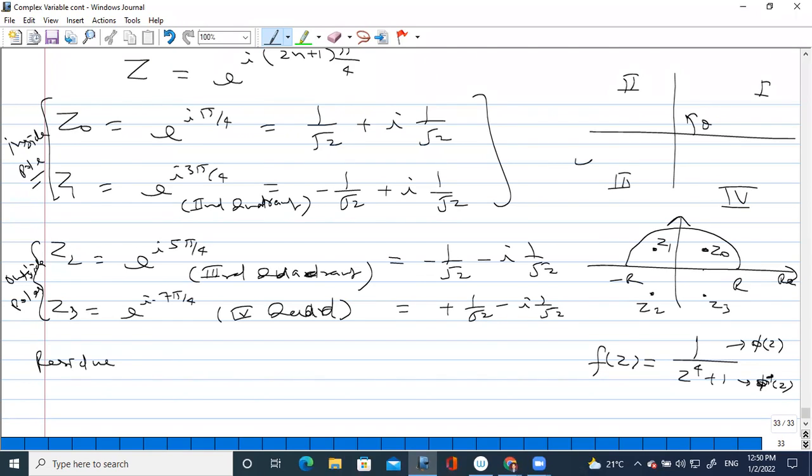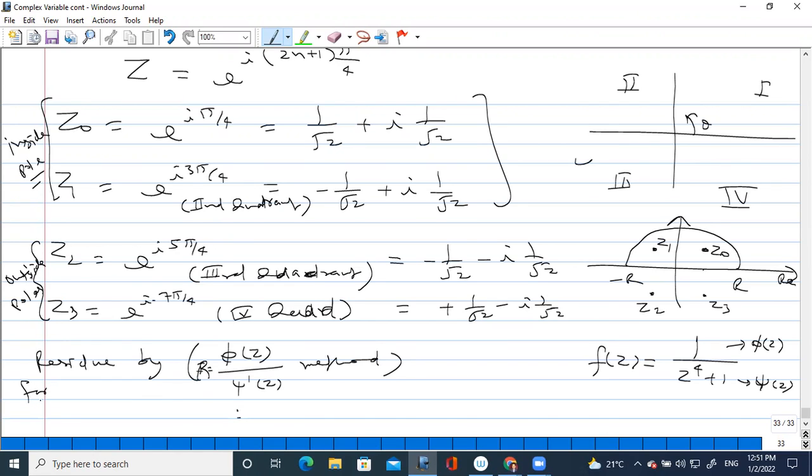This is psi(z), this is phi(z). So you can do it by the residue phi(z) by psi dash(z) method.